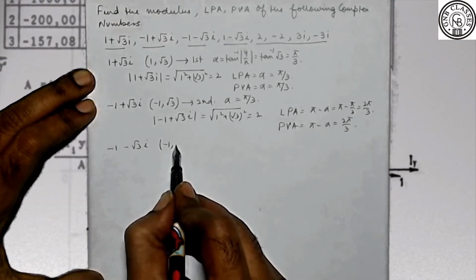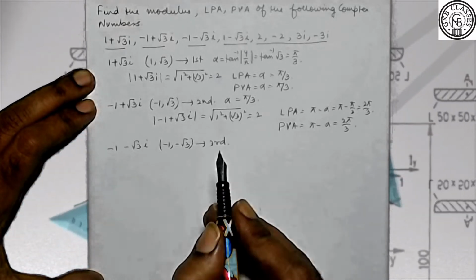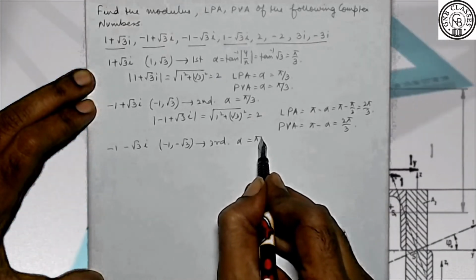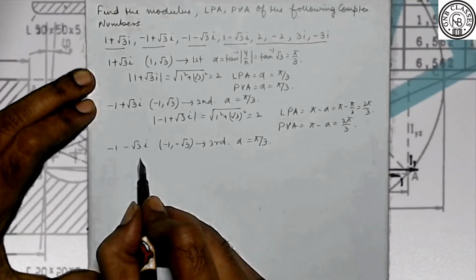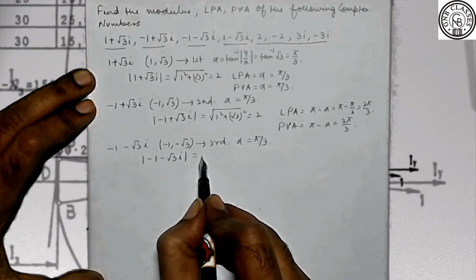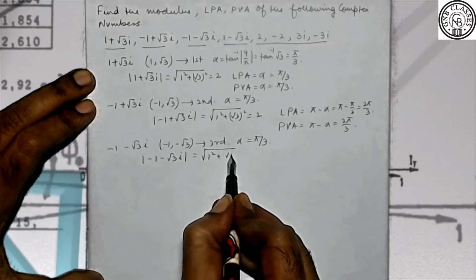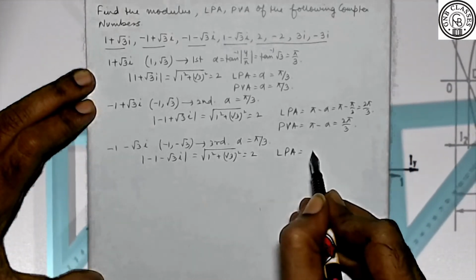Now let us consider the third complex number, which is minus 1 minus root 3 iota. Here the point is minus 1 minus root 3, which is falling in the third quadrant. And again alpha is pi by 3 in this case also. Modulus of this complex number will be the same thing, under root 1 square plus root 3 square, that gives us 2.